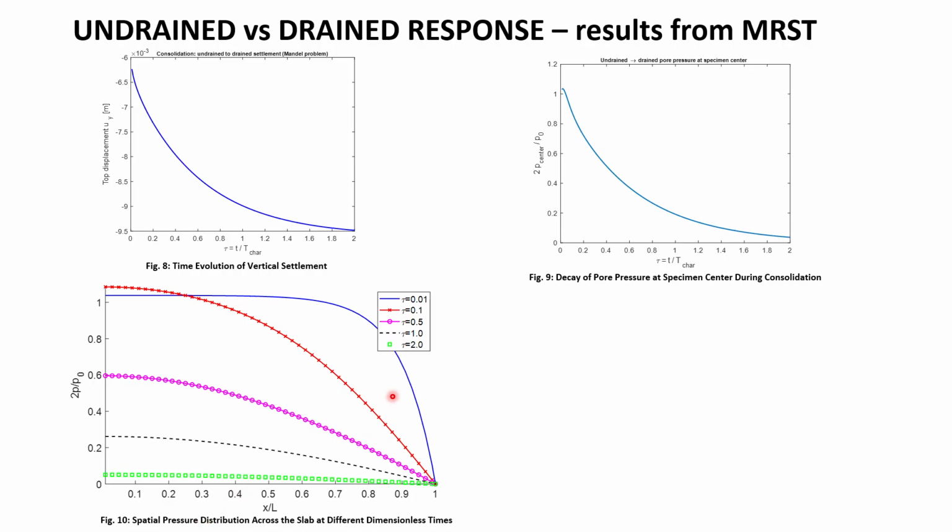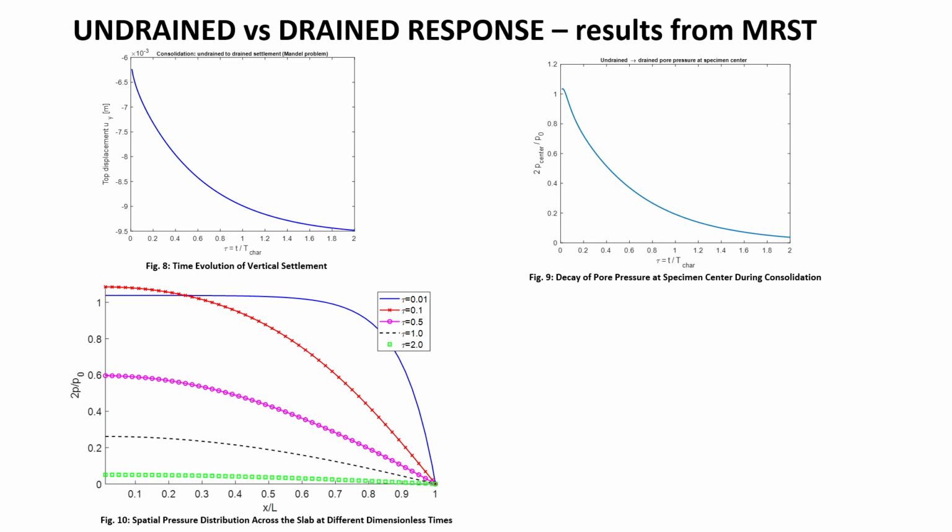As we can see in the legend, at tau equals 0.01, which is the first one here, the cyan color, you see pressure is nearly uniform, which is exactly what we expect from an undrained condition.